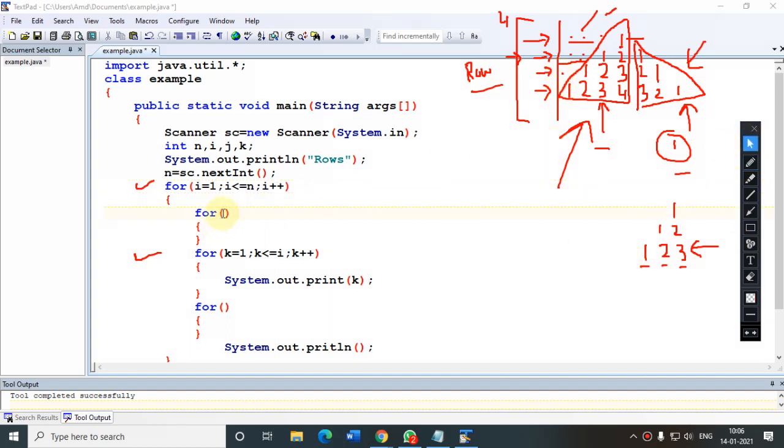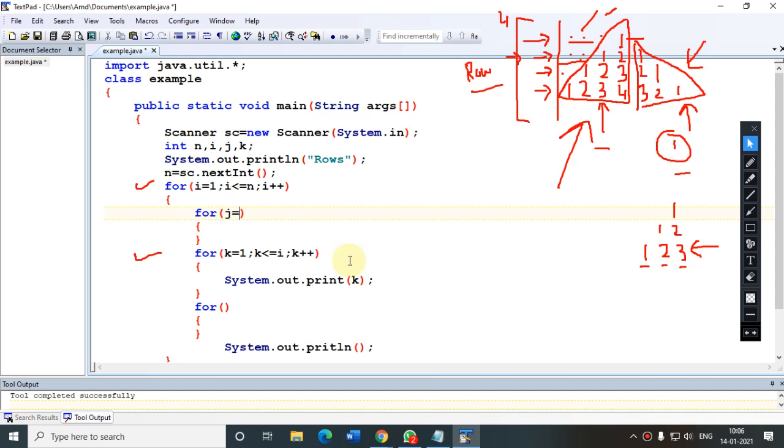So for that, the second loop is required. If the number of rows is 4, then the first time you get the blanks from 1 to less than n. Next time, again, you can do 2 to less than n. So there are so many variations you can use.